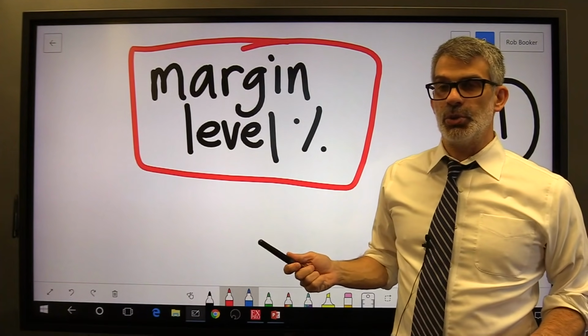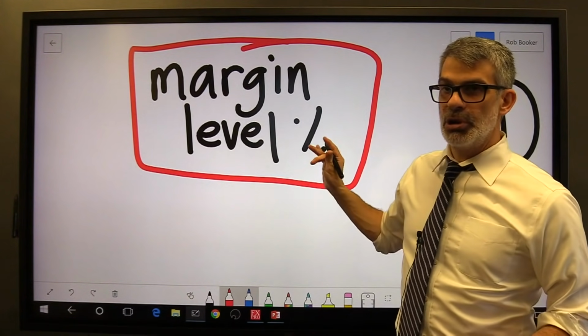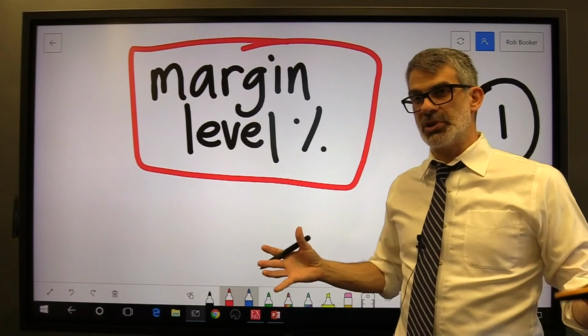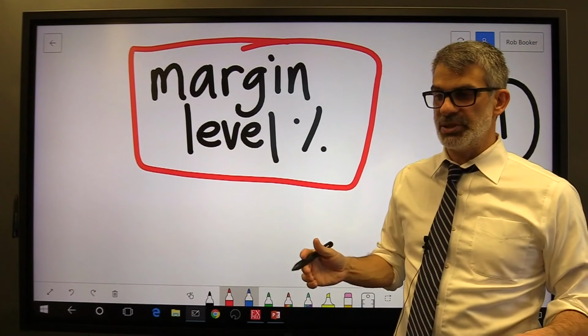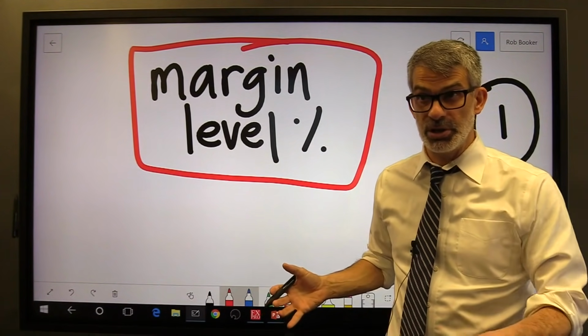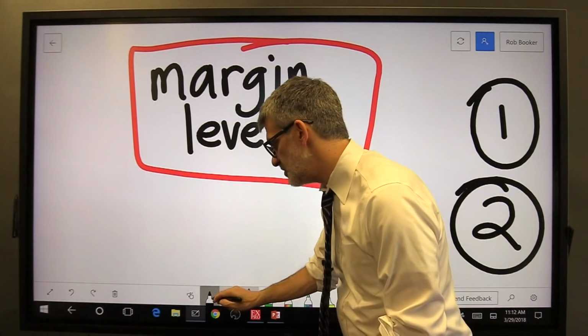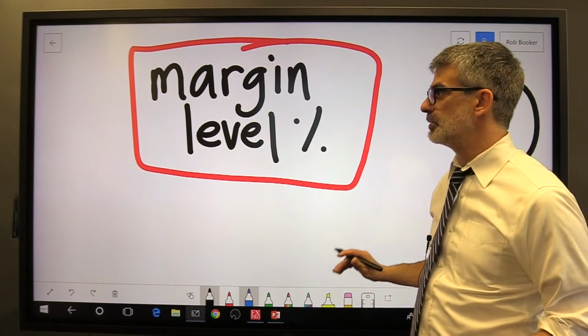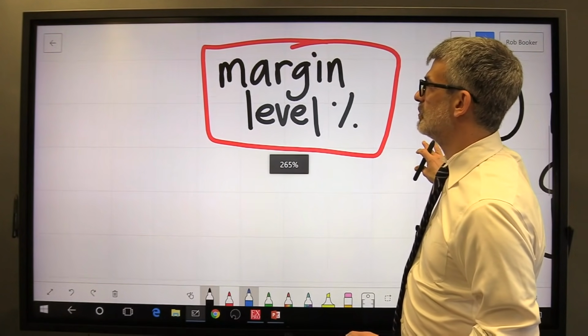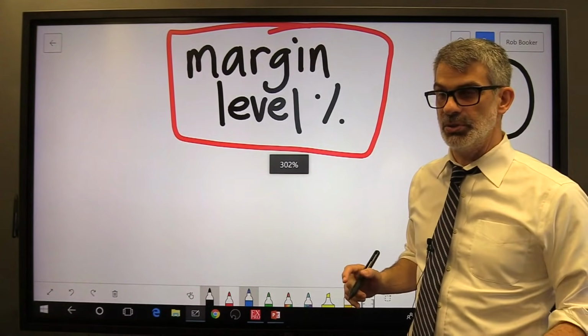Every FX dealer in the world will close out all of your trades and give you what is called a margin call, which means basically they've said you've run out of usable margin. And they'll do that when your margin level hits a certain percent. And you need to ask your FX dealer's representative what that level is in the trading account that you opened.